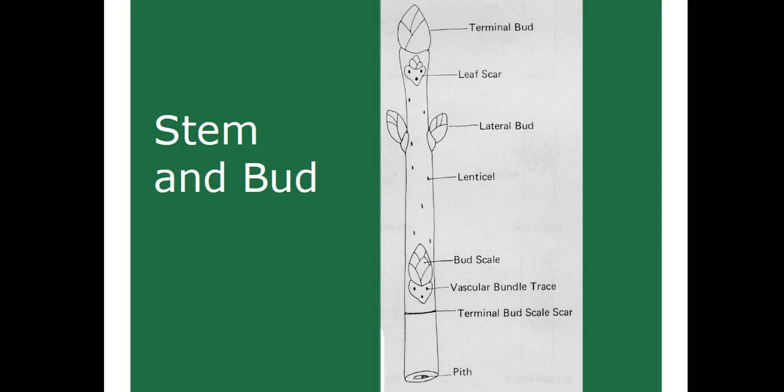We'll also look at the terminal bud scale scar. That is where the previous year's growth ended and the next year's growth began. And the pith, which is the area inside of a twig. In some cases, the pith can also help us to identify species amongst a genus.